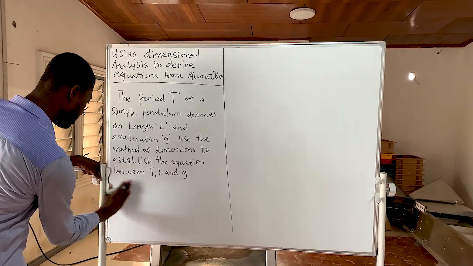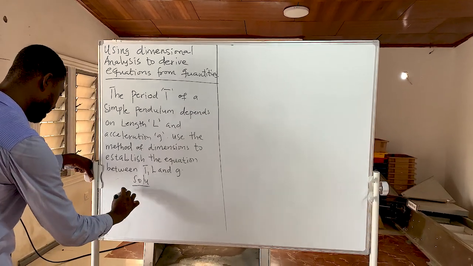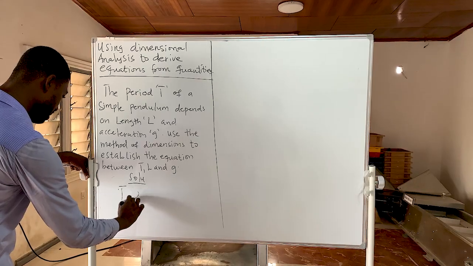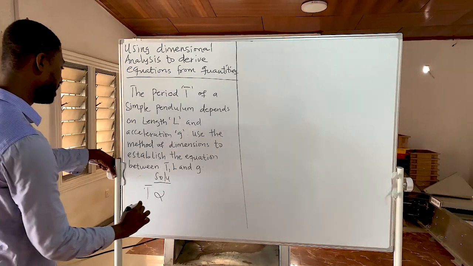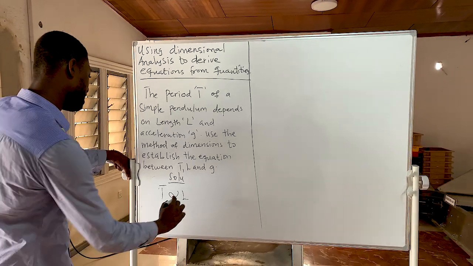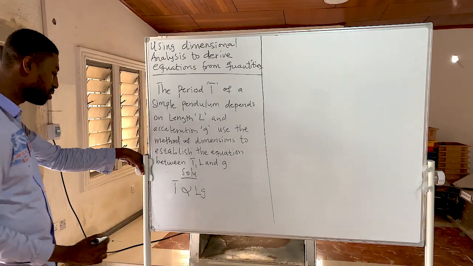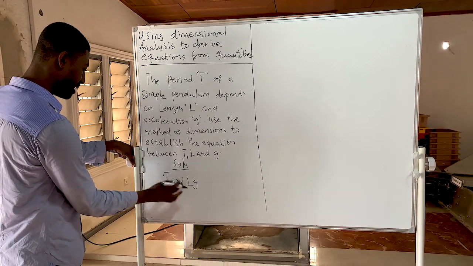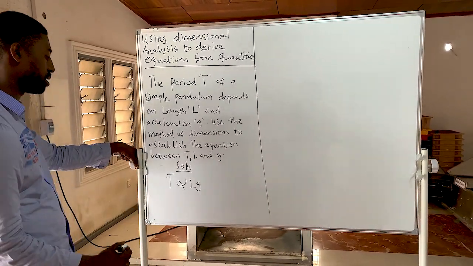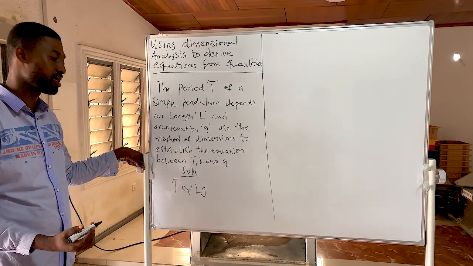So let me write. You see here, the period T is directly proportional to length L and g, which is acceleration. Per the rules, this becomes our subject and these become the dependent variables. And we said the dependent variables are raised to certain powers.